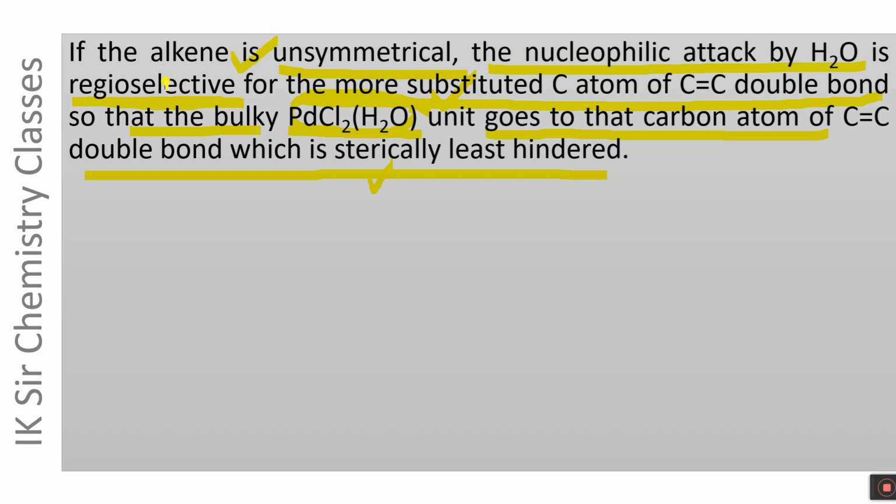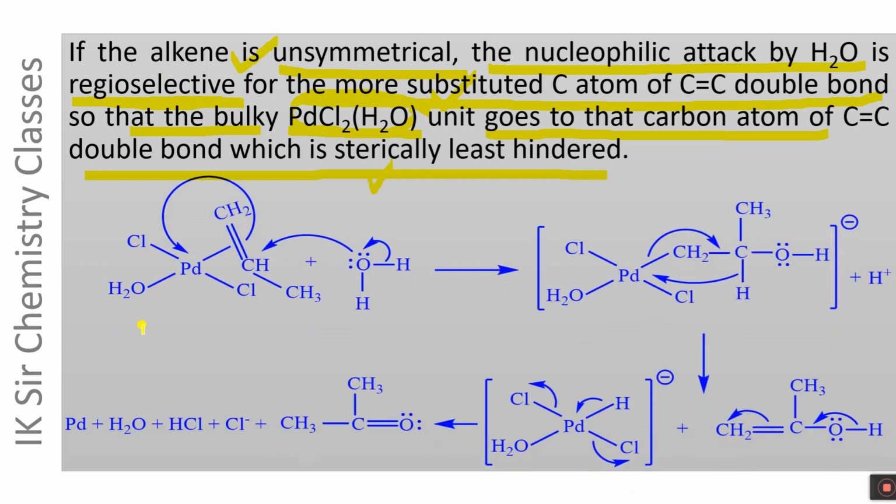Let us see the steps involved in this reaction. Here, the alkene coordinated to palladium is propene. It is unsymmetrical. Here, the group is CH2, and here the group is CH. It is more substituted and this is less substituted.